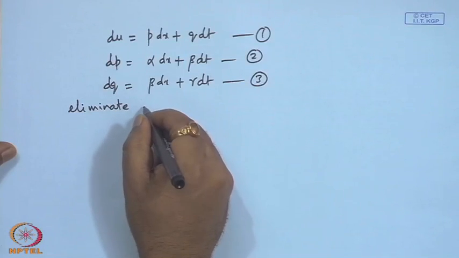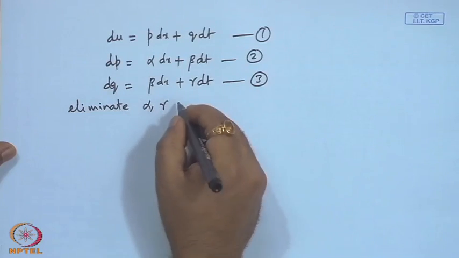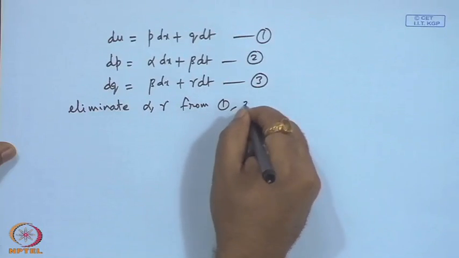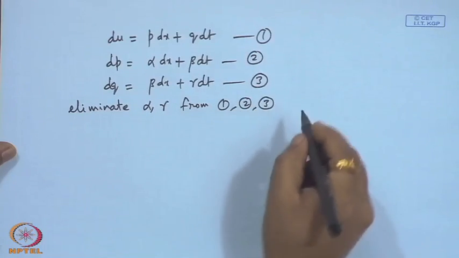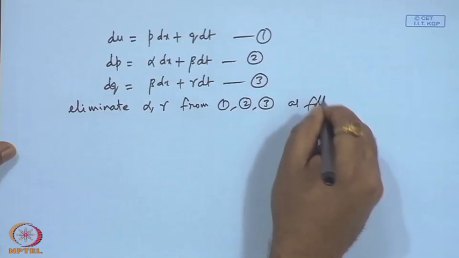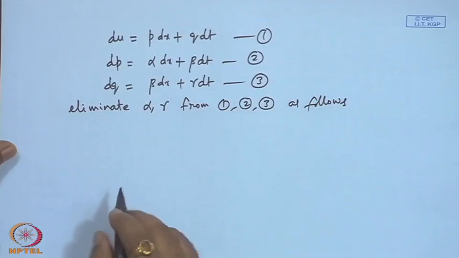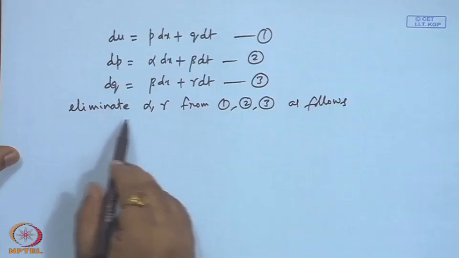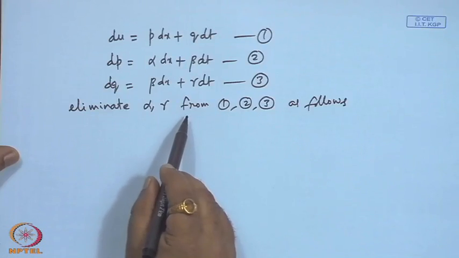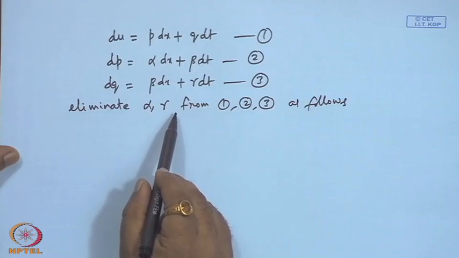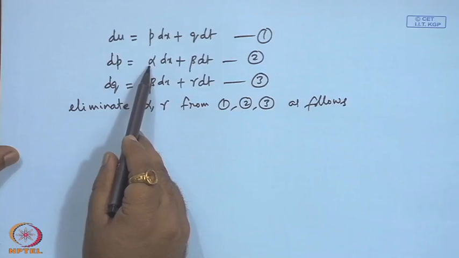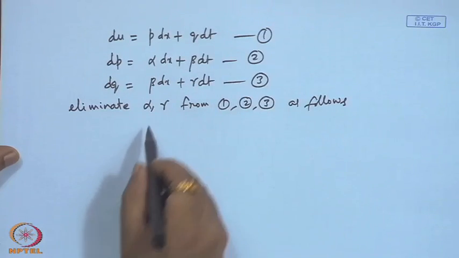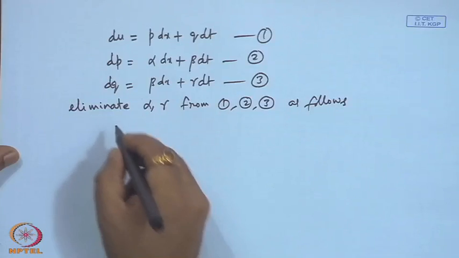Okay. So, we have this, then eliminate alpha and gamma from 1 to 3 as follows. So, why are we doing this? We will come to know a little later. So, we want to eliminate alpha and gamma, okay, because beta is common to both. So, alpha and gamma, okay, we want to eliminate.